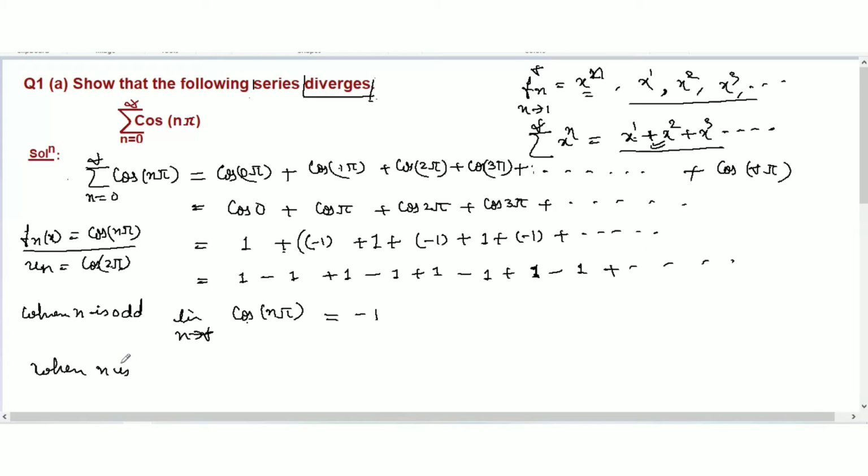and when n is even, when we find the limit of this sequence cos of n pi with n even, we will get plus 1. So this is the nth term test.